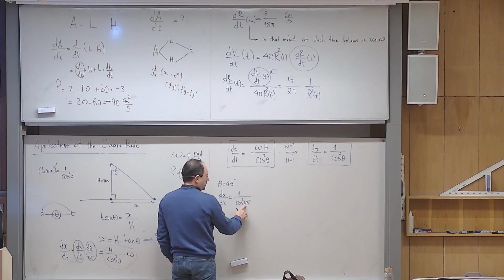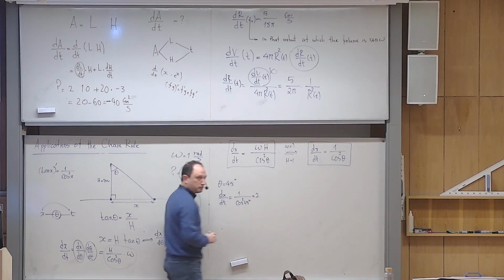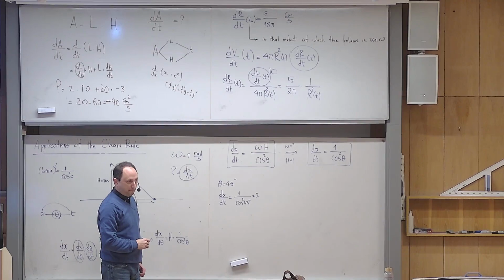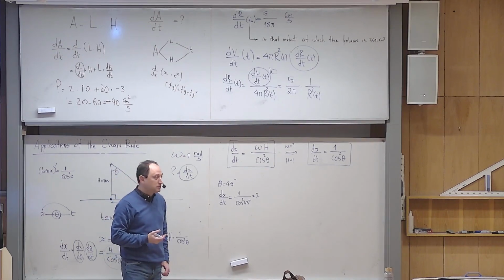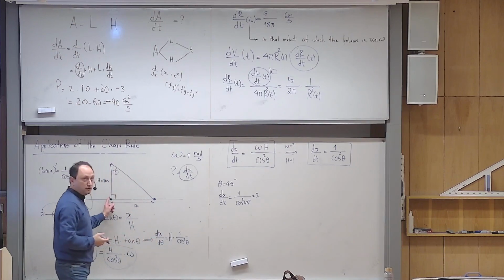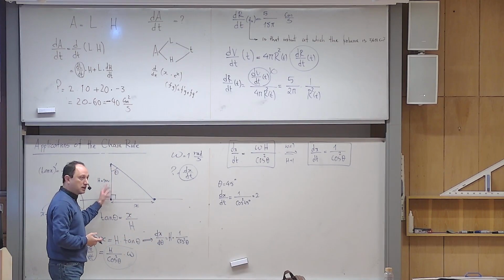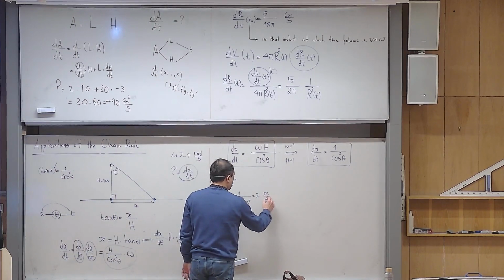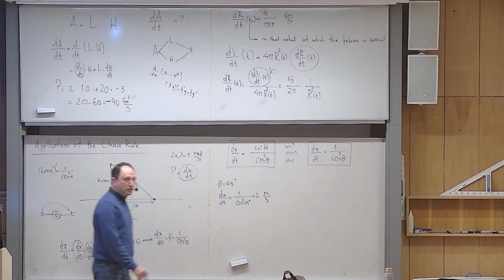But cosine 45 is 1 over square root of 2, so it becomes 2. But what are the units? Meters per second. Why not centimeters? Because the only length given in the problem was this height, and you wrote it in meters. So it is 2 meters per second.